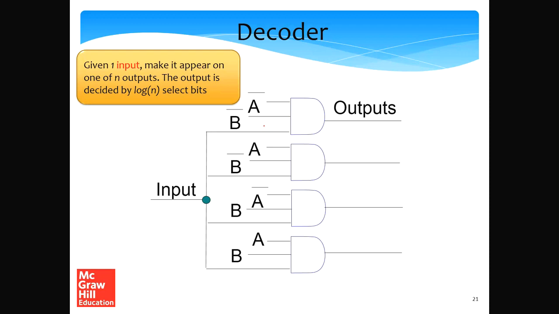So what it means is that given one input, let us make that input appear on one of the n outputs. Let's say we have one input, and in this case we have 4 outputs.